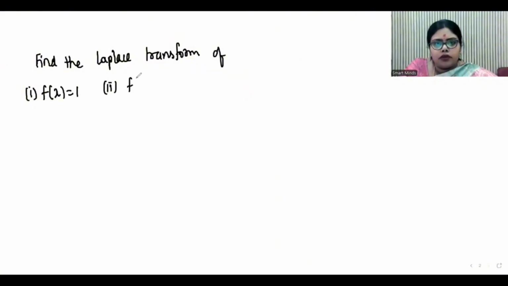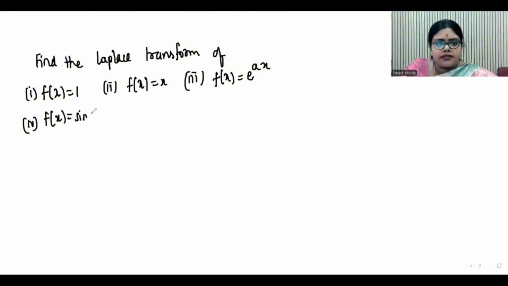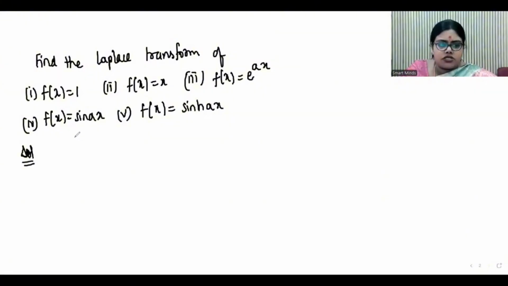Number 2, f of x is equal to x. Number 3, f of x is equal to e power ax. Number 4, f of x is equal to sin ax. Number 5, f of x is equal to sinh ax. Let us find Laplace transforms of all these functions.